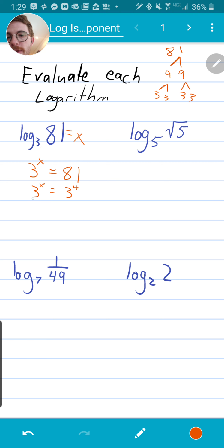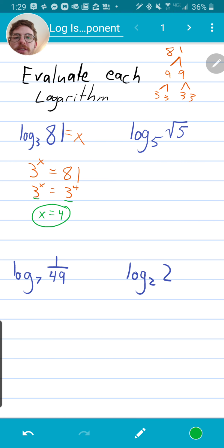And look at that. When the bases are the same, we can compare those exponents. So log base 3 of 81 is 4 because 3 raised to the 4th power is 81.